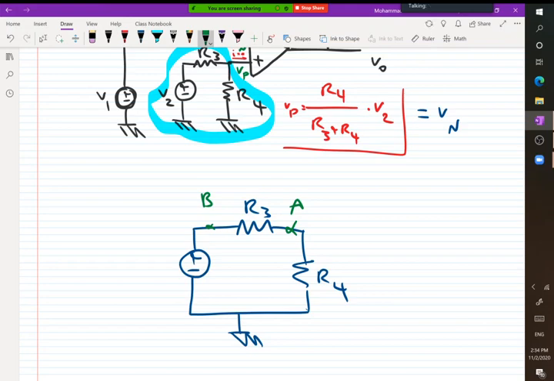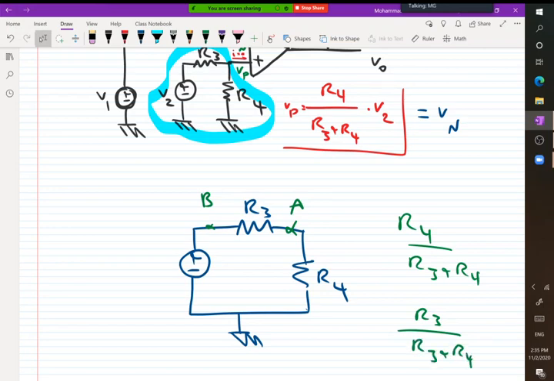Okay, it's a very good question. The question is why we use R4 over R3 plus R4, not R3 over R3 plus R4. Because if we use R3 over R3 plus R4, in fact, we will find the voltage difference across R3, VA minus VB.